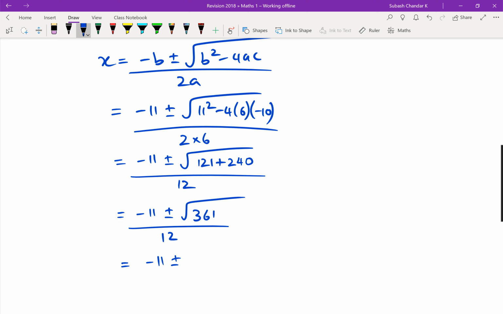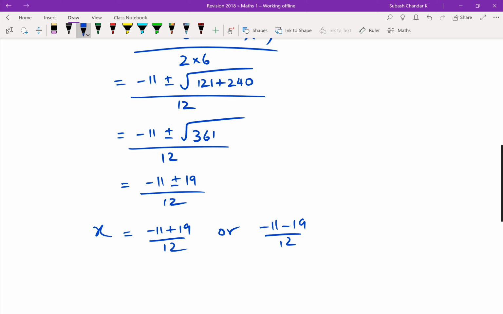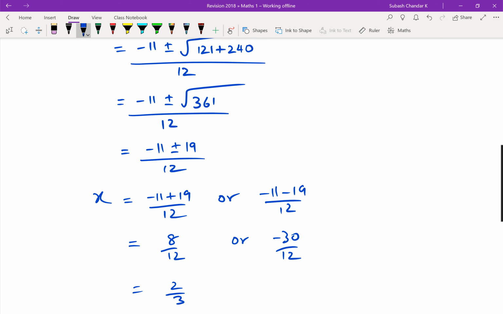I made a mistake. Sorry, 19 over 12. So we got negative 11 plus 19 over 12, or negative 11 minus 19 over 12. So you got 8 over 12, or negative 30 over 12. So 2/3, or negative 5 over 2.